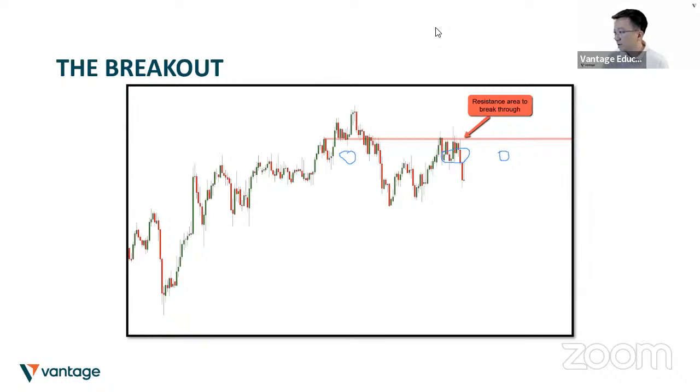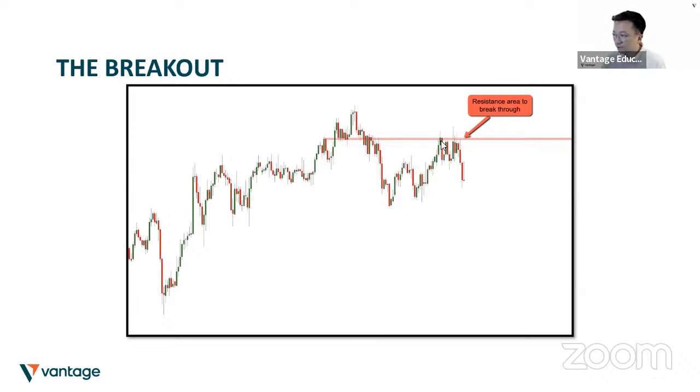Alternatively, you have the breakout formation, where you can see that in this case price has been hitting that level again and again and again.